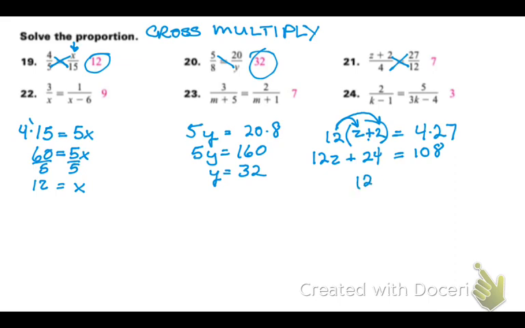You subtract 24 from both sides, and you come up with 84. Divide both sides by 12, and you get z is equal to 7. So there's some algebra in there. You had to distribute, collect your like terms, and then you were able to determine what z is.